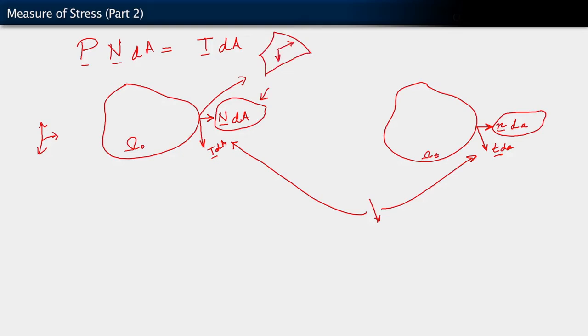I'm taking their cross product to then give me capital N dA, which is perpendicular to everything that you see there. In this sense, the area vector is properly obtained from the reference configuration. It's effectively scribed on the reference configuration. This force vector was really a spatial vector which we just translated and moved around and stuck here on the reference configuration. It's in this sense that we say that the force is a spatial object.